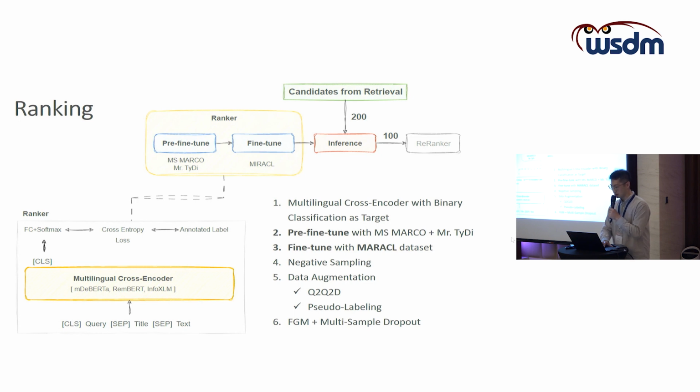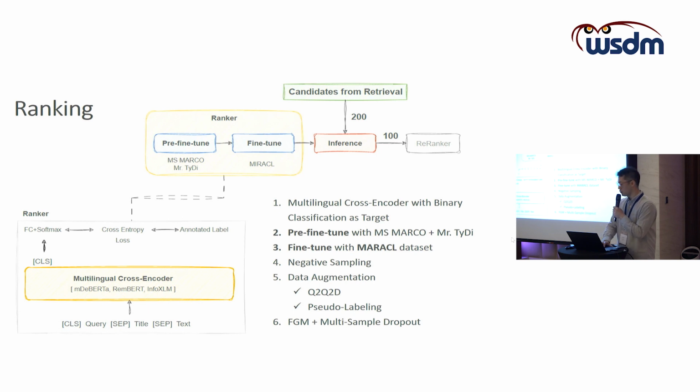Pre-fine-tuning significantly improves our ranking models, which encourages us to explore more from the data aspects. Negative sample mining and two-stage augmentation techniques are further used to improve the model's performance. These techniques provide additional training data, helping the model produce more accurate results.